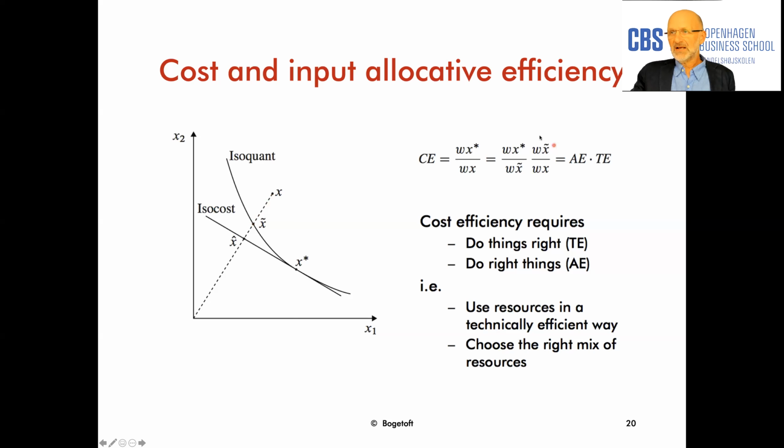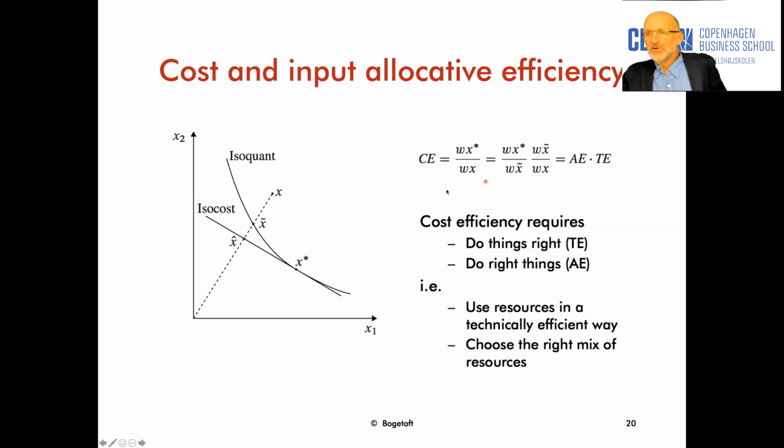So that's basically technical efficiency. And now the first bit here is the cost of X star divided by the cost of X tilde. So this is what we before called allocative efficiency. You have already reached the technically efficient frontier, but you haven't located yourself at the correct point on the frontier. So this is the cost here divided by the cost here.